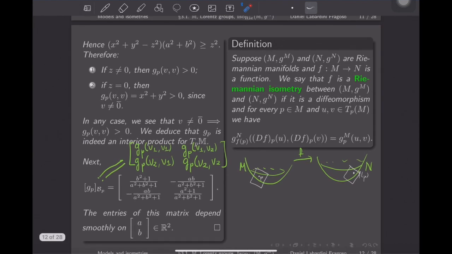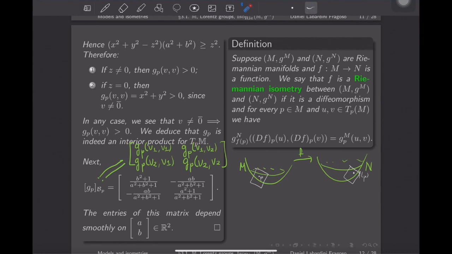If you think about it, what it tells me is f is a diffeomorphism. I require that it be a diffeomorphism so that I don't have to worry about up to which order the derivatives are really defined, and then the condition that those pairings really coincide.